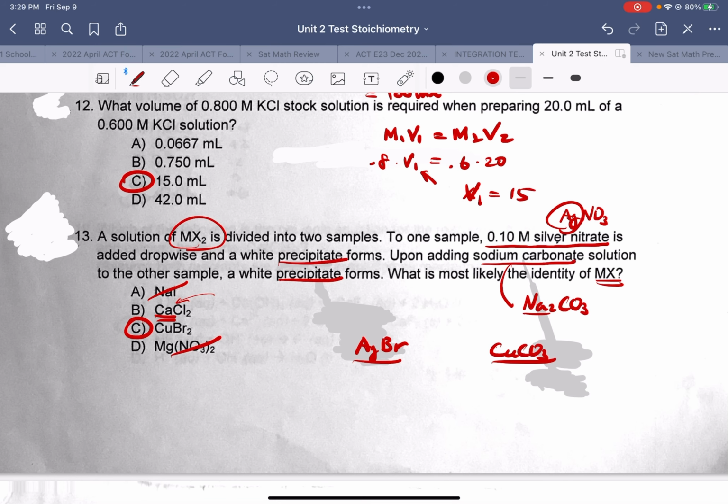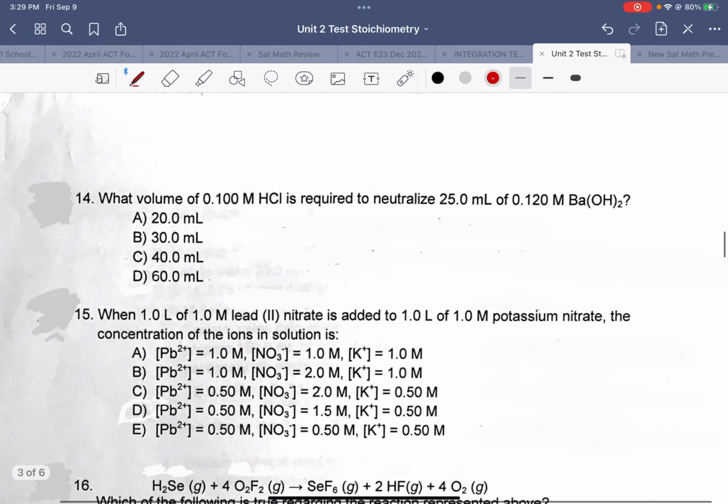Now let's move on. Number 14. What volume of 0.1 molarity HCl is required to neutralize 25 milliliter of 0.12 molarity barium hydroxide? Okay, so let's start. Barium hydroxide: 0.025 liter times 0.12 molarity will give you how many moles.